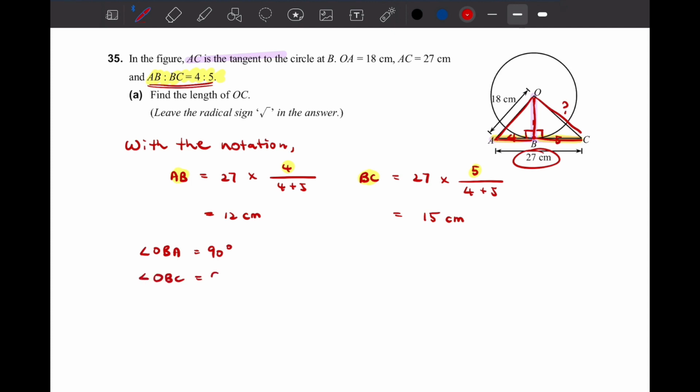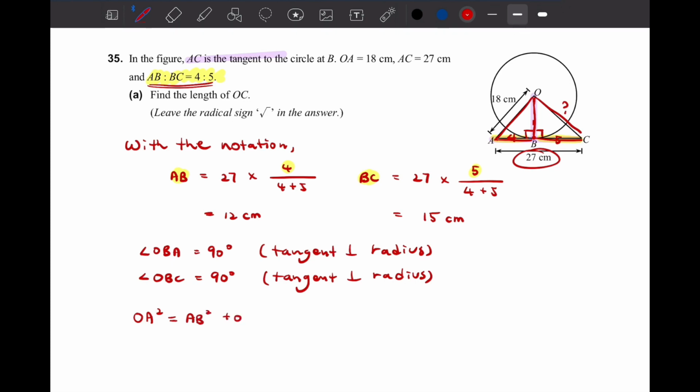And because this one is 90 degrees, and this is also 90 degrees, and both of them are the tangent perpendicular to the radius. So I'm writing all this out because you know that in order to use your Pythagoras theorem, you have to show that you have a right angle triangle. So in triangle AOB, OA squared equals AB squared plus OB squared.